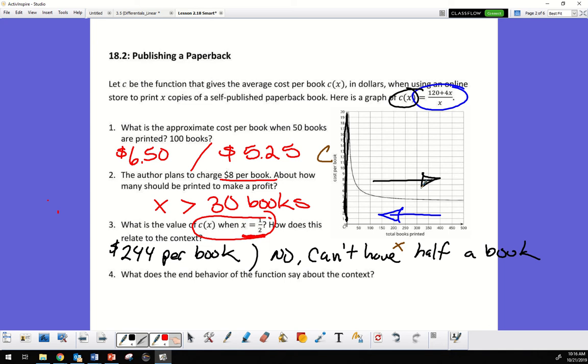Not infinity. Infinity would be going up. We're talking about cost, right? So for going this way, what is the cost going to end up being? Not 1. It's not going to be 1. No. The cost is going to be $4.